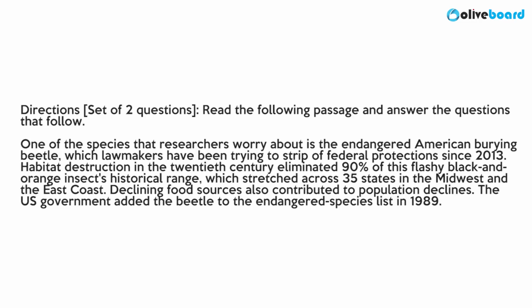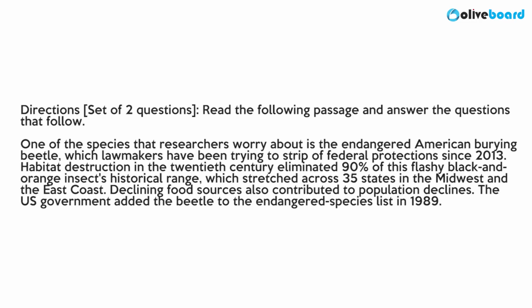Habitat destruction in the 20th century eliminated 90% of this flashy black and orange insect's historical range, which stretched across 35 states in the Midwest and the East Coast. Declining food sources also contributed to population declines.